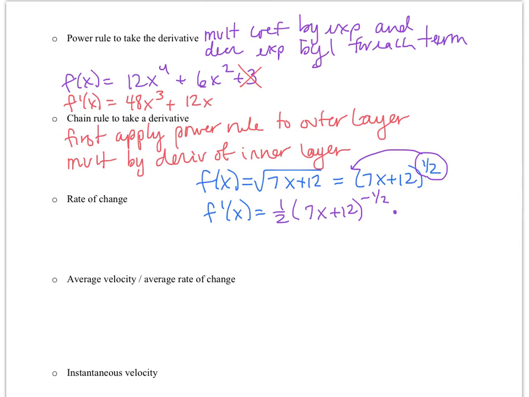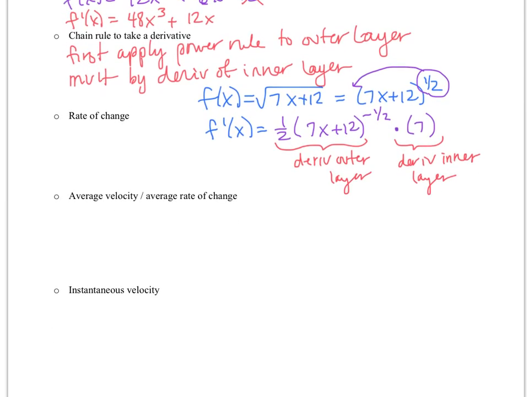And the derivative of the inside would just be 7. So this right here is the derivative of the outer layer, and this part right here is the derivative of the inner layer, the 7x plus 12. And then at this point, I would check your solutions and determine how much you need to simplify the answer. In many cases, we could leave our answer like this. Sometimes we would need to go further.